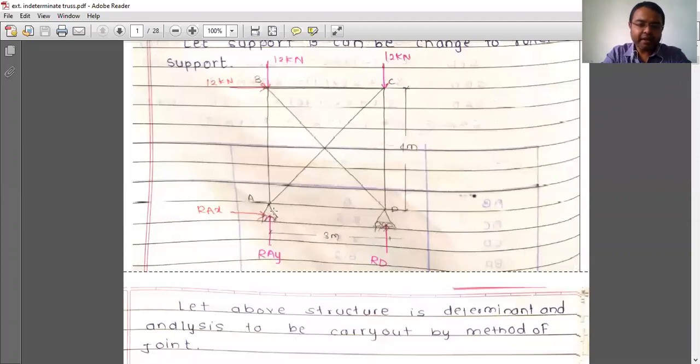RAY means the vertical reactive component at A, and RAX is the horizontal reactive component at joint A. Of course, we don't know the directions of the reactive components. We assume that reactions RAY and RD go upward and RAX goes towards the right. These are just the assumed directions; we don't know the actual directions.